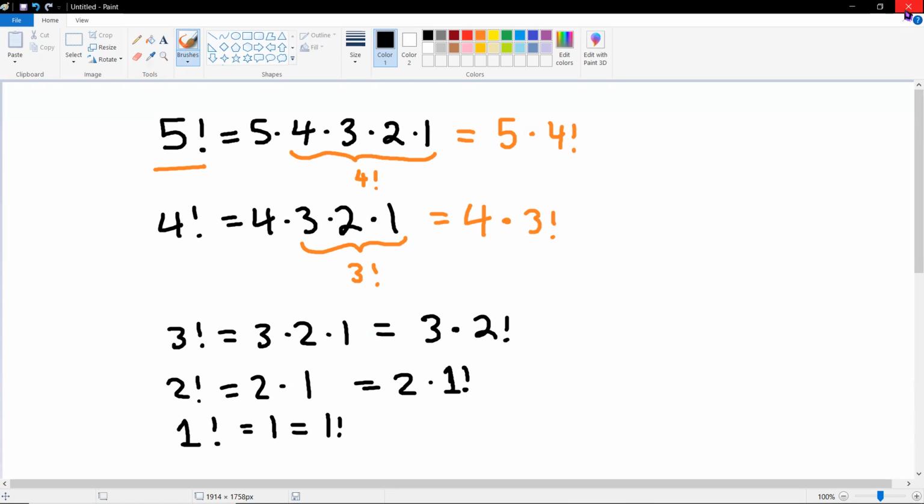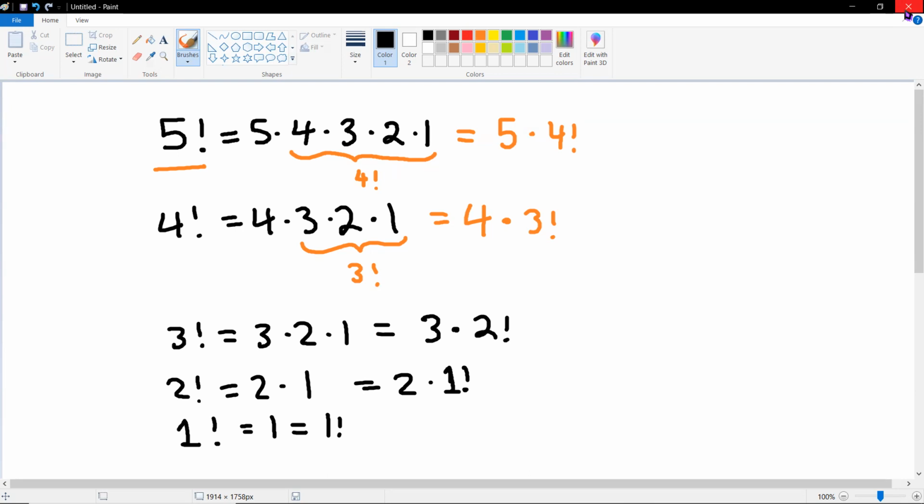Because if you use the definition of a factorial, it's a number multiplied by all the integers less than it. Well, for 1, there is nothing less than 1 greater than 0. So 1 factorial is just 1 by itself, right? You don't have to do any sort of computation. And so if someone asks you, what is 1 factorial? You know the answer immediately.